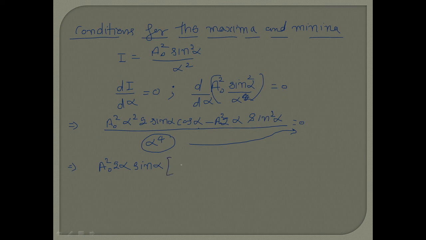Then it contains alpha cos alpha minus sin alpha. By this condition, we get the value of intensity for the minima and maxima.